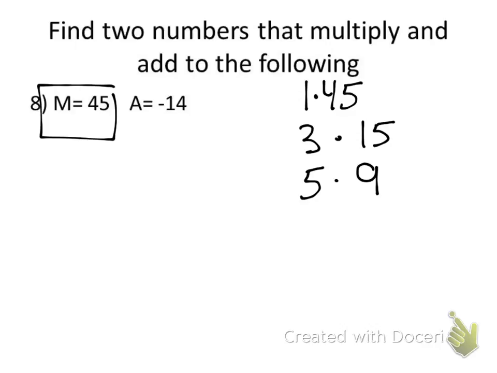All right, I think those are the only 3 ways, right? Now, I want both of the signs to be the same. Are they both going to be positive or both going to be negative? They're both going to be negative because they're adding to a negative number. So go through your lists and just make them all negative.